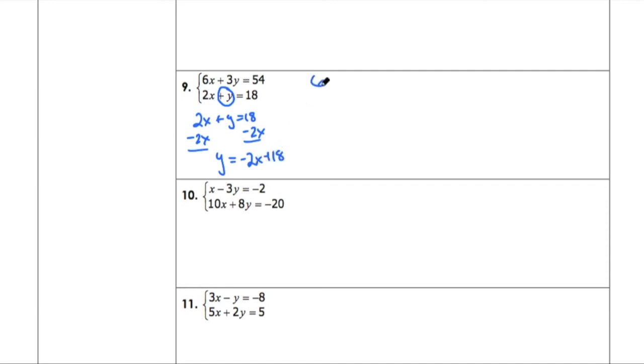So we go to our other equation, 6x plus 3y equals 54. Great. So we can get rid of y here because we know what y is equal to. So 6x plus 3, open parentheses, -2x plus 18, is equal to 54.